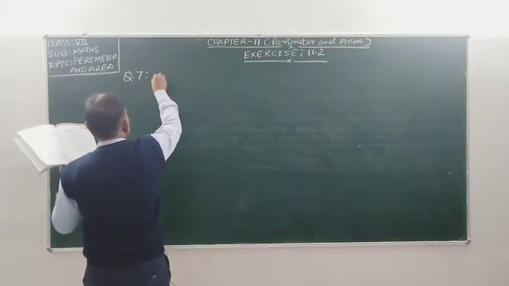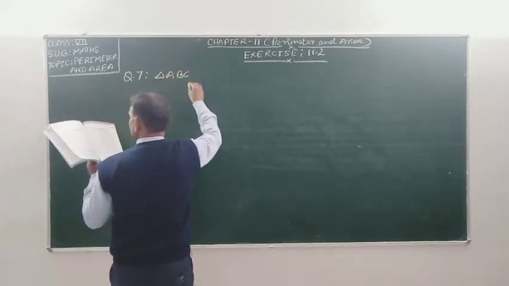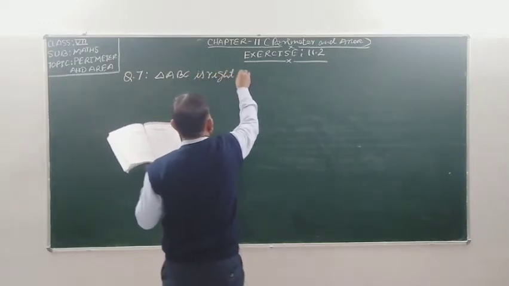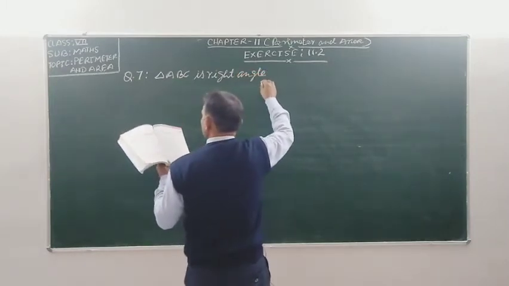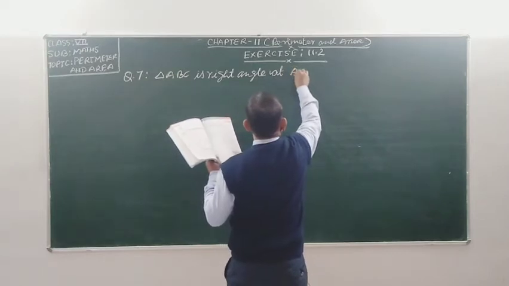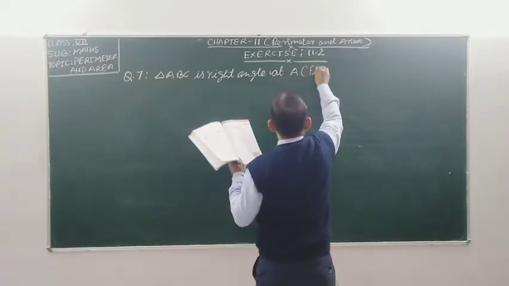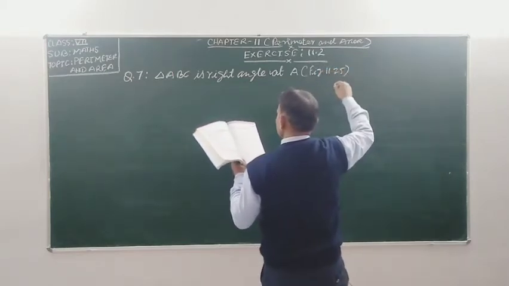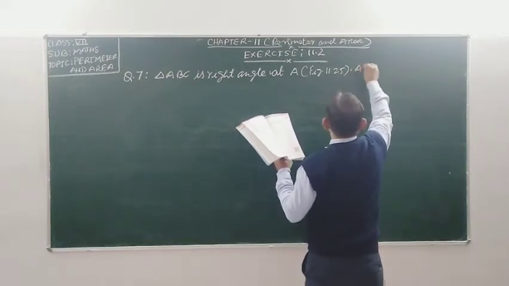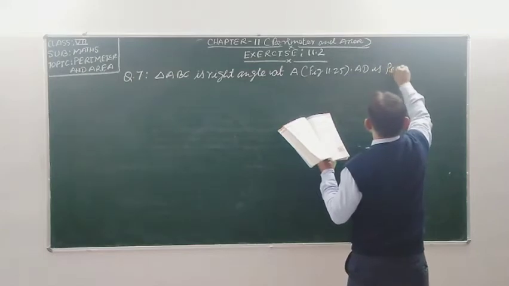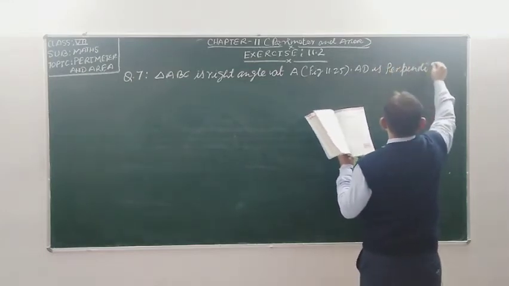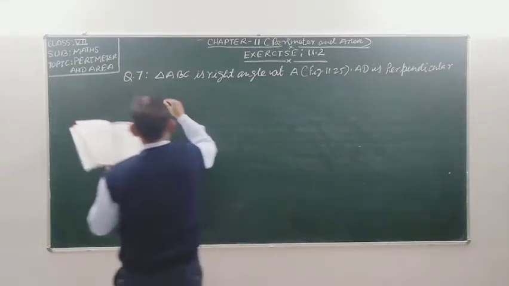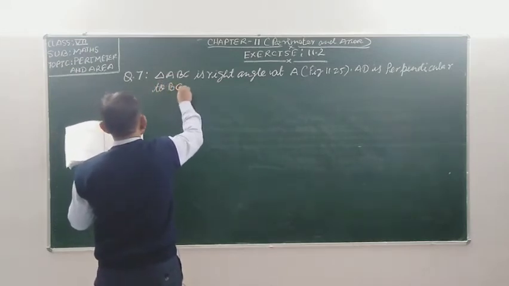Triangle ABC is right angled at A. The figure is given in your book, figure 11.25. AD is perpendicular to BC.